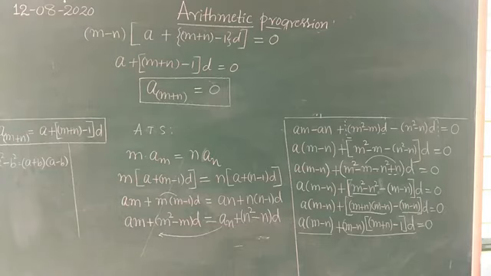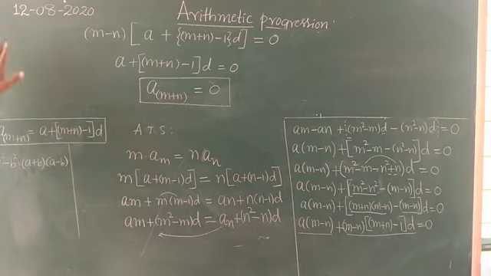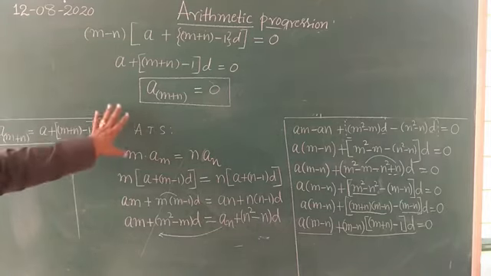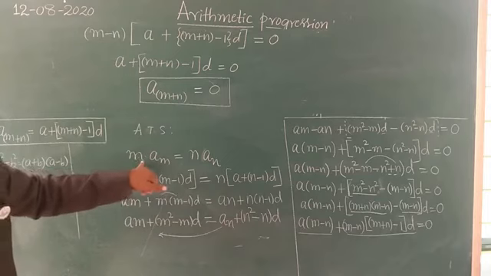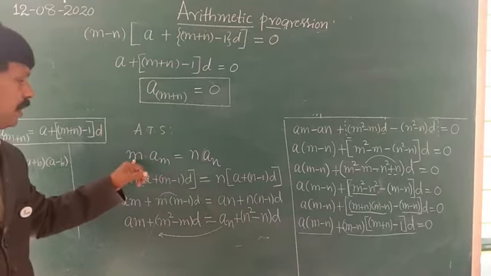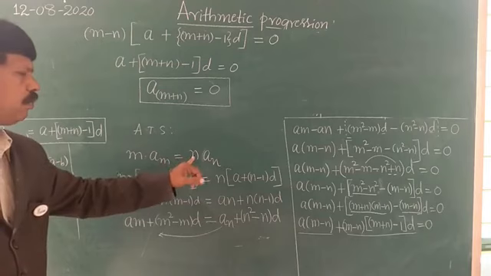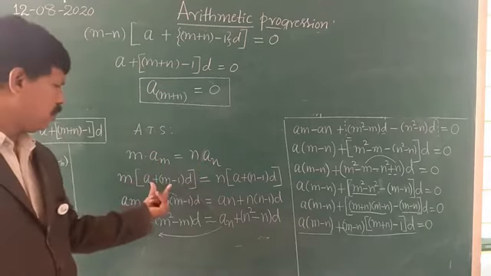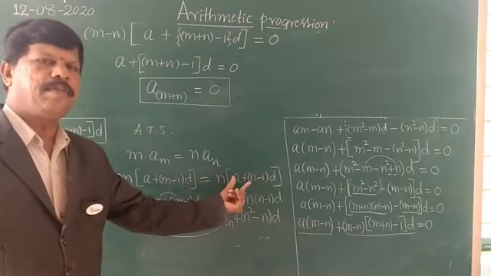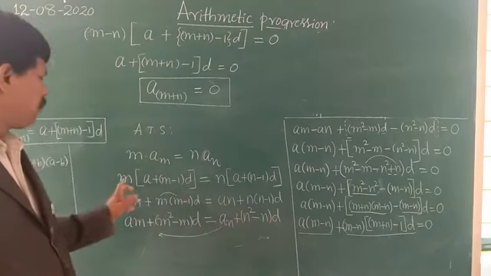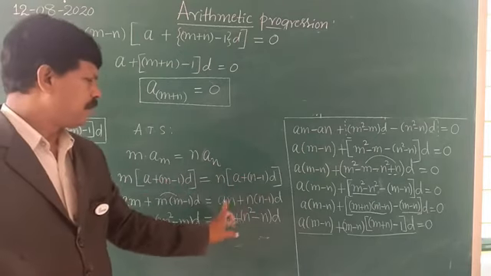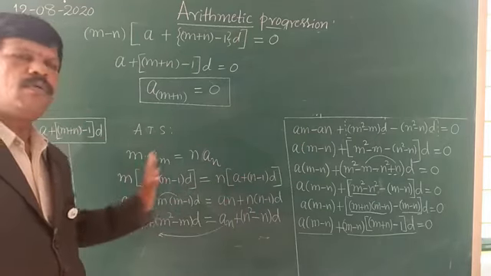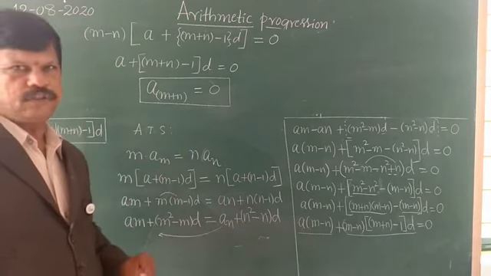Clear? Understood? Now here, first take the nth term and then write down the mth term: m times the mth term is equal to n times the nth term. Then expand or write down the mth term and nth term. Then multiply. Then shift to one side, making the right hand side 0.